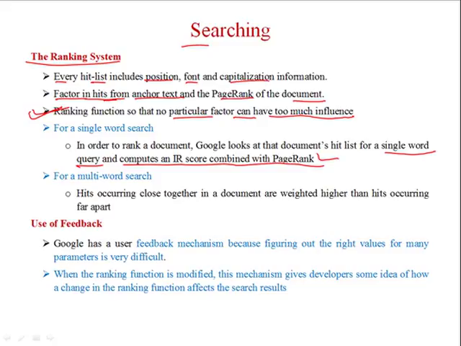Google first calculates the page rank score of every document. It also uses the IR score, meaning similarity of the documents with the given query, and the document's hit list. It combines all three features to finally rank the documents.